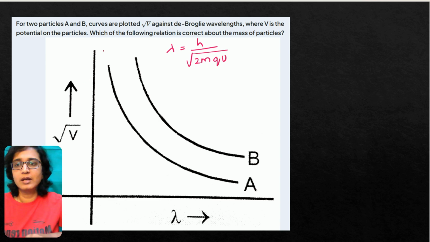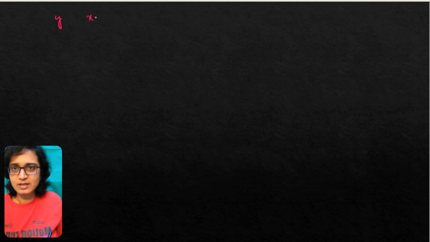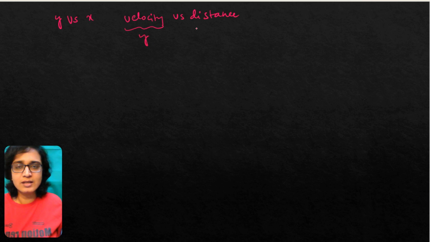Here, whatever the graph, they'll give one parameter y and another parameter x. Y versus x means, suppose take velocity versus distance, that indicates velocity is on the y axis and distance is on the x axis.